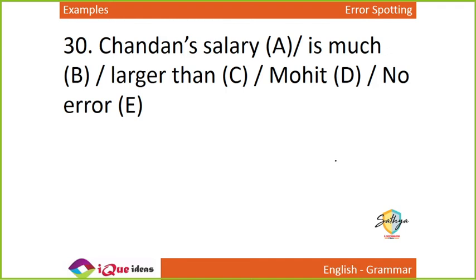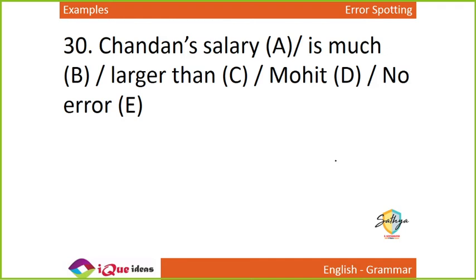Meshwa, yes. Someone, Yashvi also, yes. Yes, Aditya. Manchika, correct. Meshwa, correct. See, this is called apples and oranges. You cannot compare two different things. Chandan's salary cannot be compared with Mohit. It can only be compared with Mohit's salary.